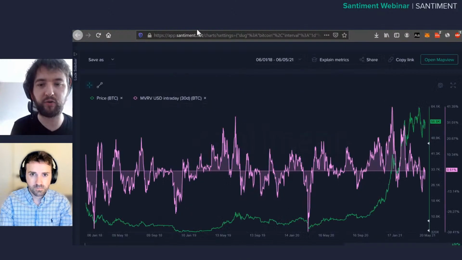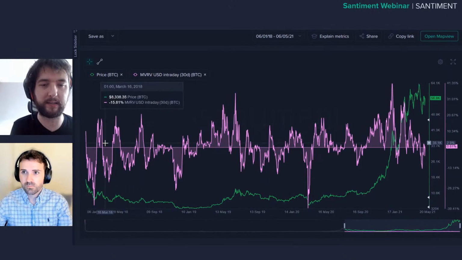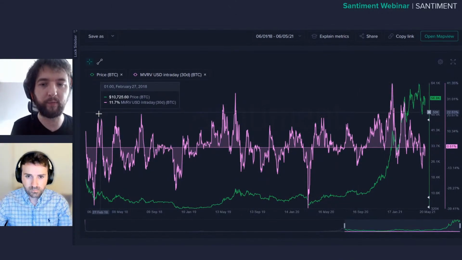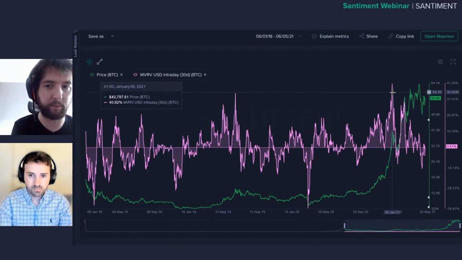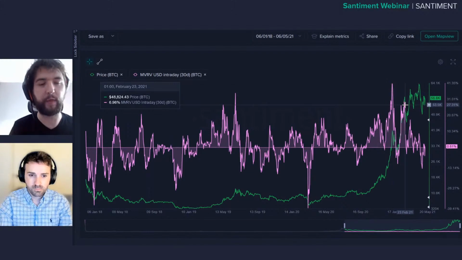So let's, for example, assume that based on the last 2.5 years of data, we took all of these local peaks for MVRV. Let's say this was at about plus 13%, this was at about plus 16%, this was at about plus 21%, this was at about plus 40%, and so forth. We take all of these and calculate the median value of all those MVRV peaks.